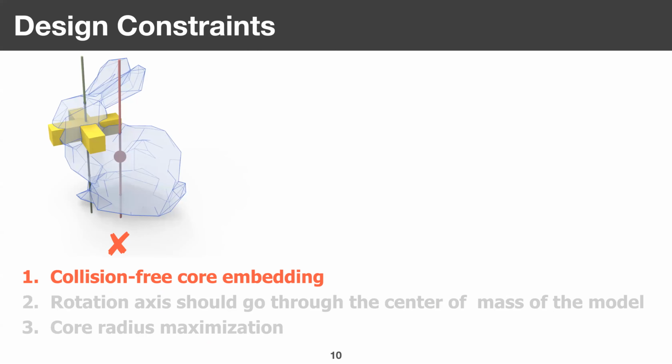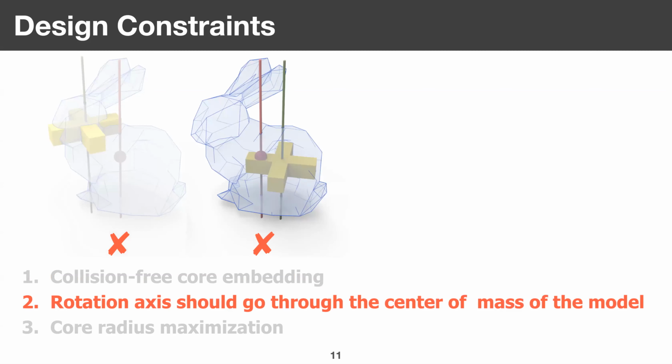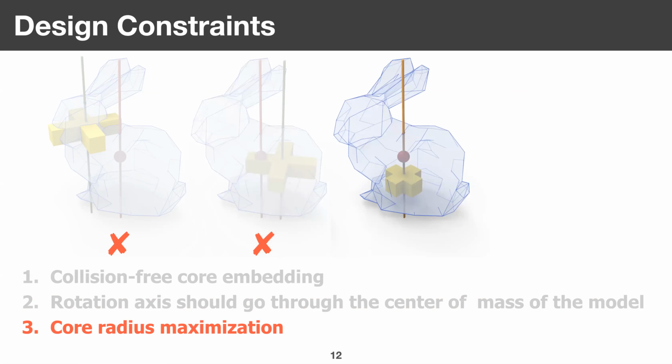To generalize centrifugal puzzles, we consider three design constraints. First, the core should be embedded in a given 3D model without collision. Second, the rotation axis of the core should go through the center of mass of the model. This one satisfies the two constraints, but the core is too small to generate a core mechanism.